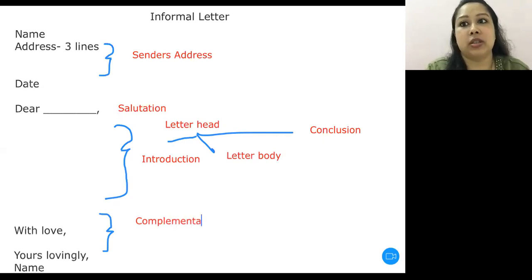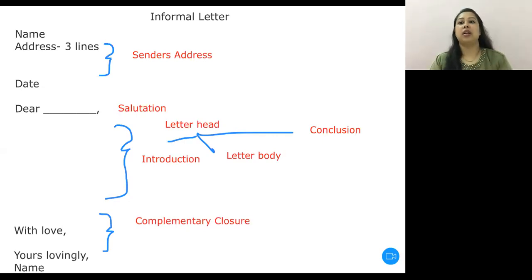Complementary closure. Kindly pay attention, because once we begin with the questions related to it, you should not be confused. Each thing that you write in a letter has a specific name, and you need to know the name. Sender's address, date, salutation.